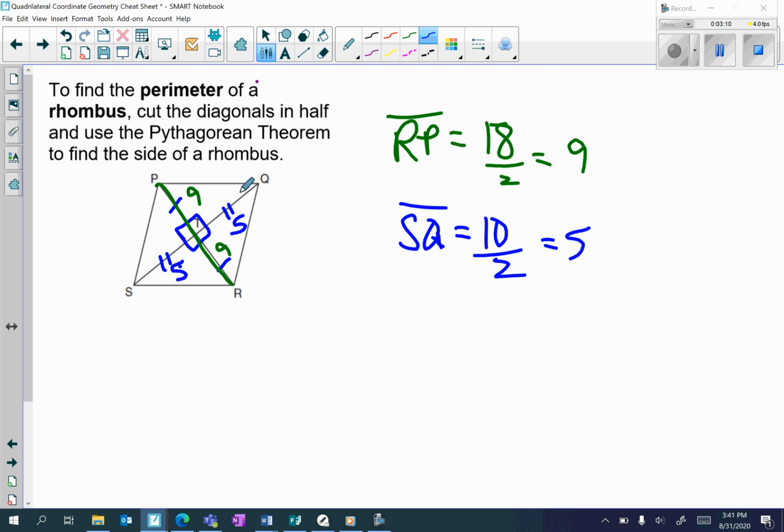And then notice again I have a right triangle. So what I would have to do, I can redraw it. This is 5, this is 9. I would be looking for the side length of the rhombus, and I would be using the Pythagorean theorem.